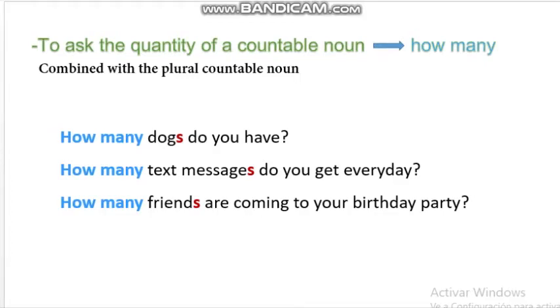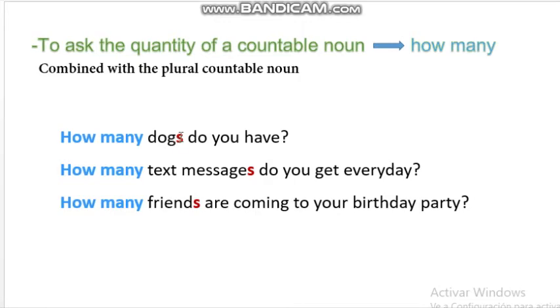Okay, to ask the quantity of a countable noun, we have to say how many combined with the plural countable noun. We use how many to ask: how many dogs do you have? We are using how many for countable nouns because dog is countable.